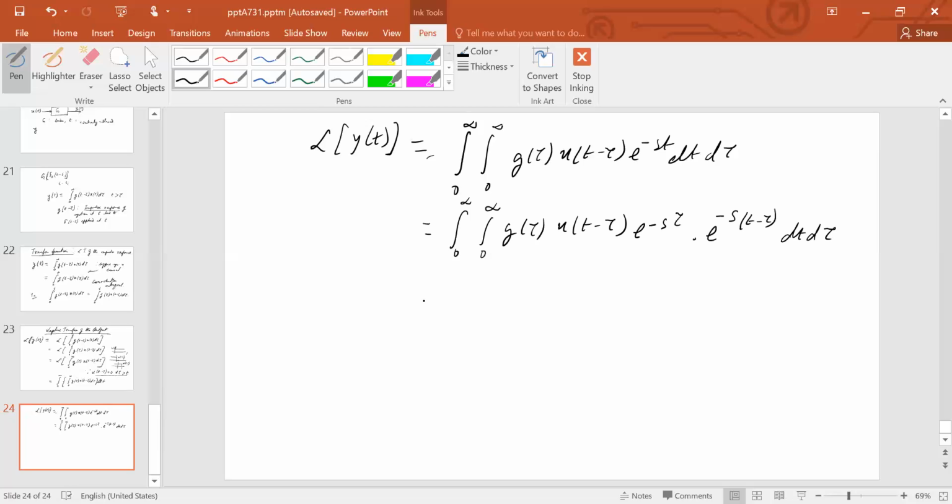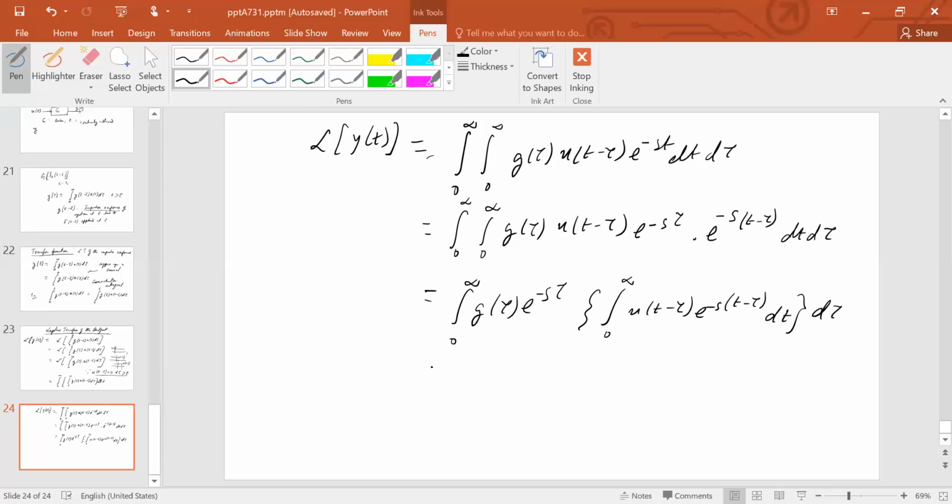Then we write this as the integral from 0 to infinity of g tau e to the power minus s tau. We pulled it out together here. And now this integral from 0 to infinity of u of t minus tau e to the power minus s times t minus tau, dt, and this d tau.